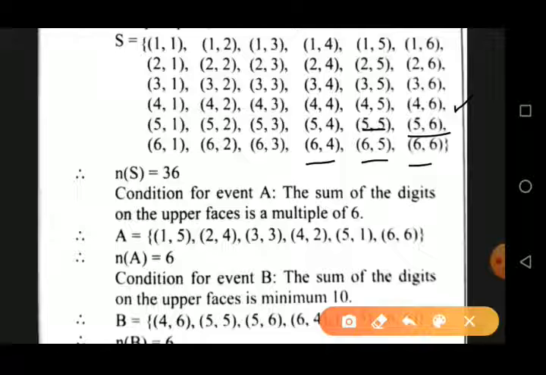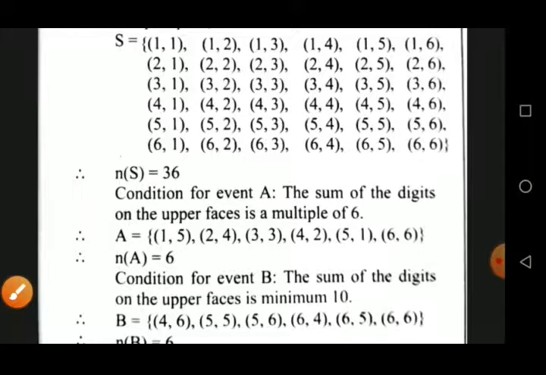These all sample points come in this event, and these are 6 sample points, and the sum of the digits of the upper faces is minimum 10. That means 10 or more than 10. n(B) is equal to 6.